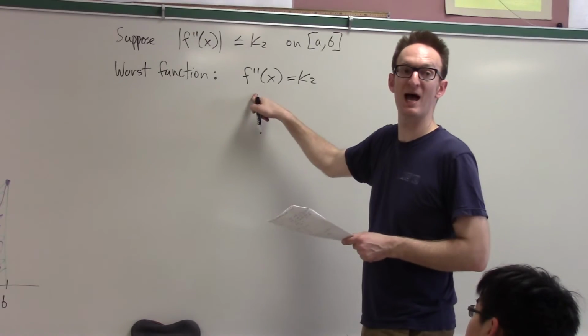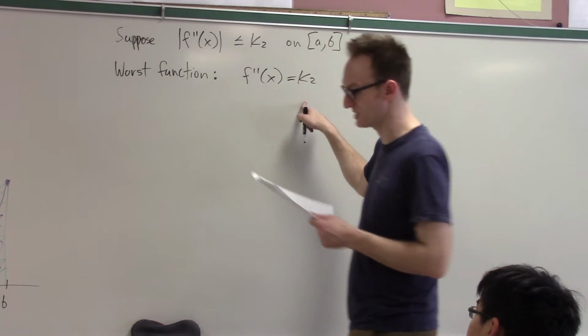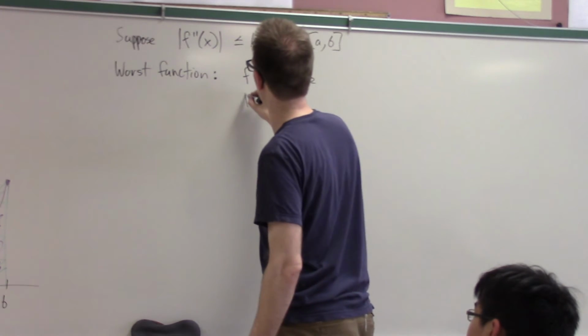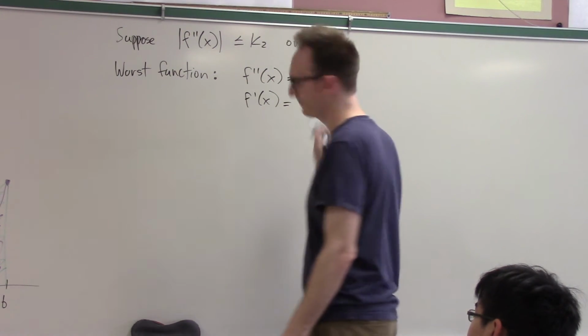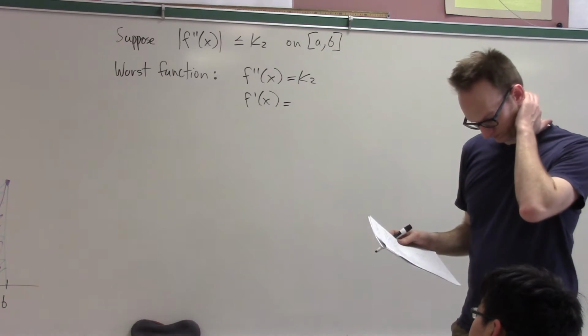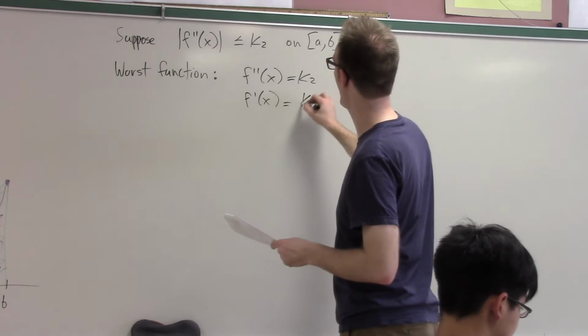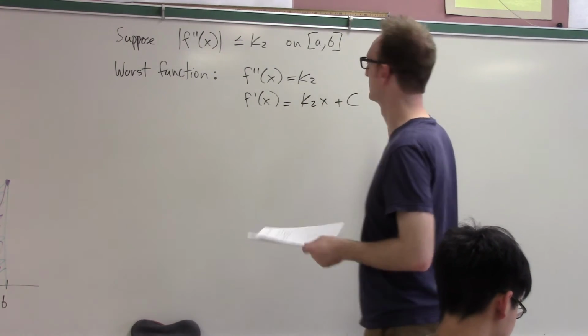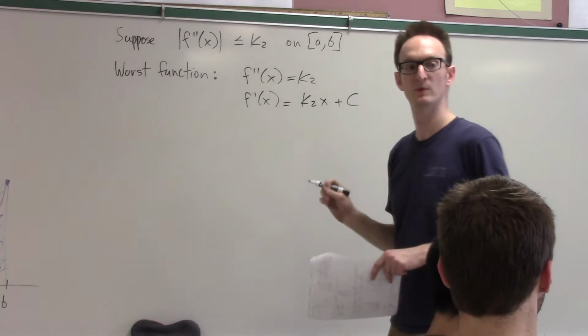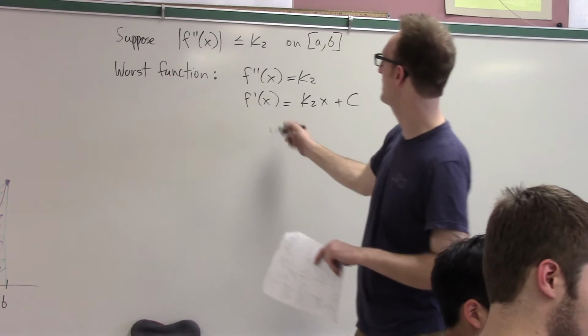So let's talk about this function, whose rate of change is k2. What does this function look like? Well, we can anti-differentiate. What is f prime? It's k2x, plus c or something. Then anti-differentiate one more time.